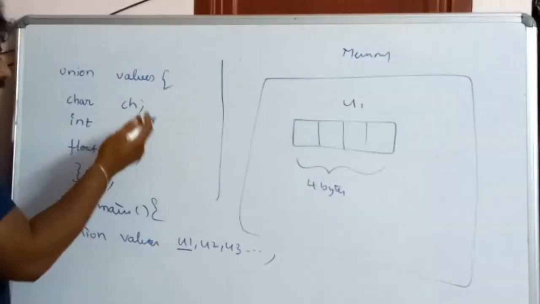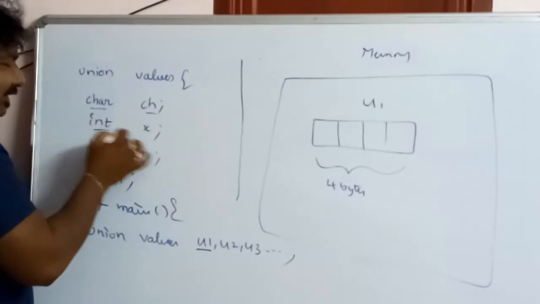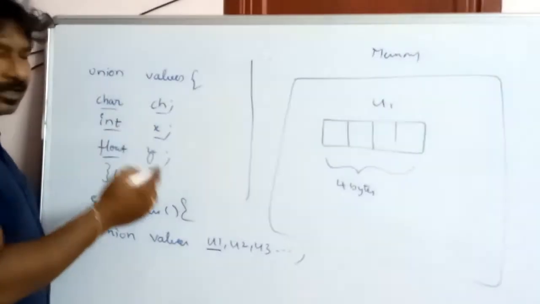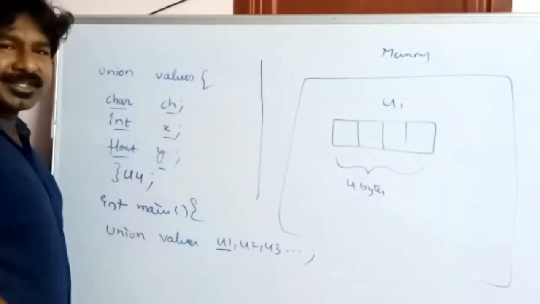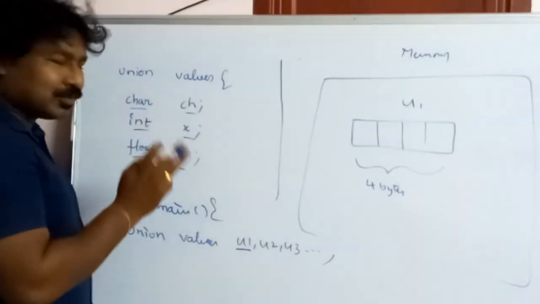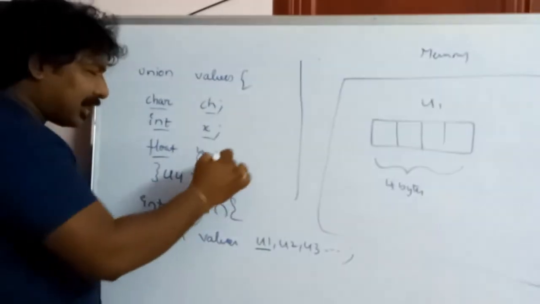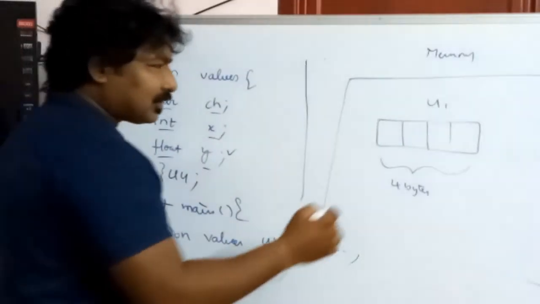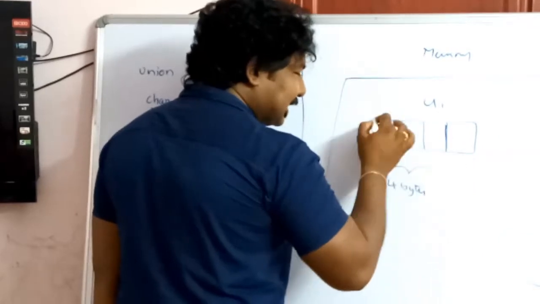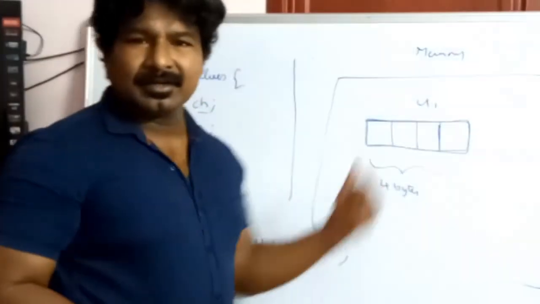Because when you look at these union values, there is a character variable ch, integer variable x, float variable y. Among these three members, which is the largest one? Character size is 1 byte, integer size is 2 bytes, and the float variable size is 4 bytes. So the largest variable is this one. So u1 will have only the space for the largest variable, that is y.